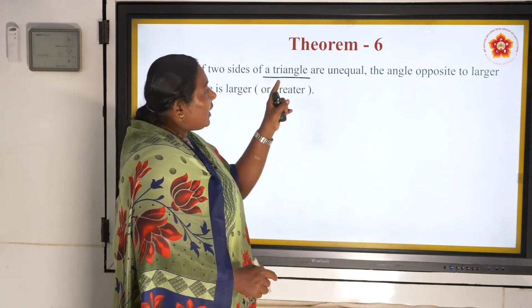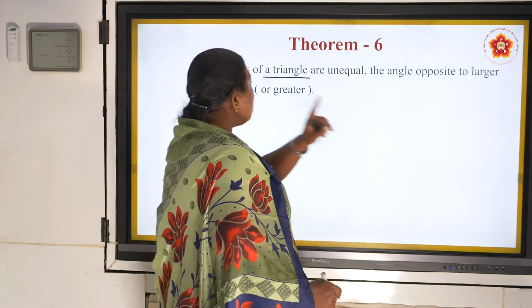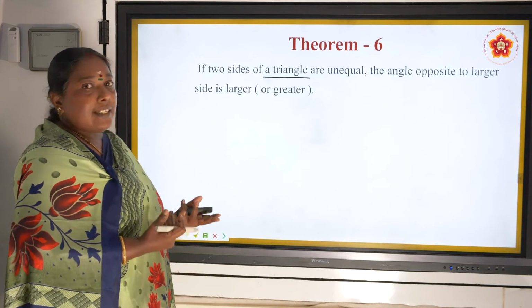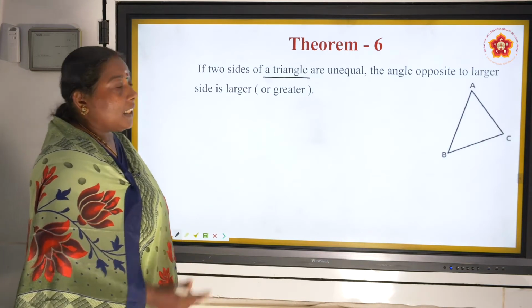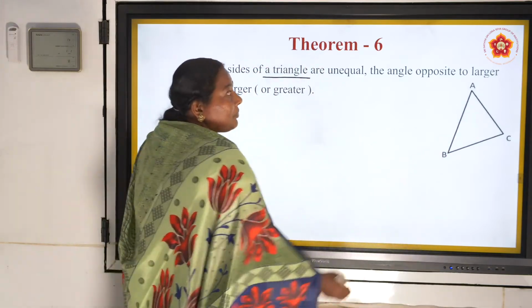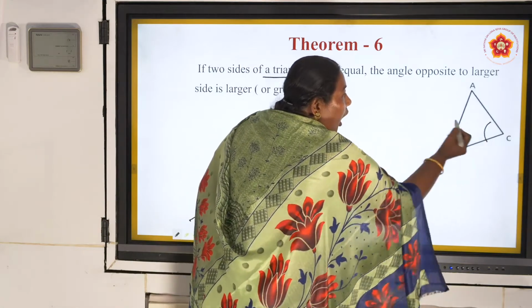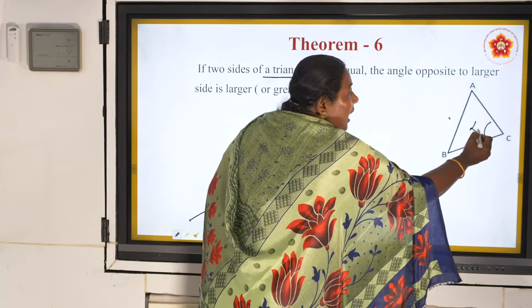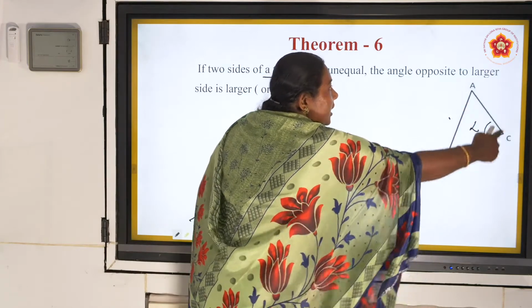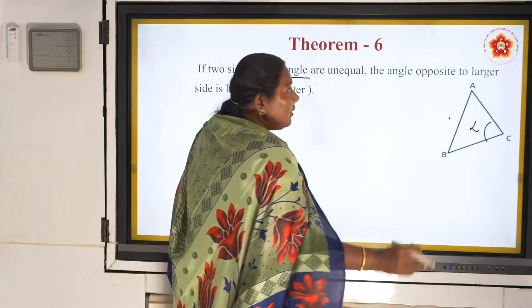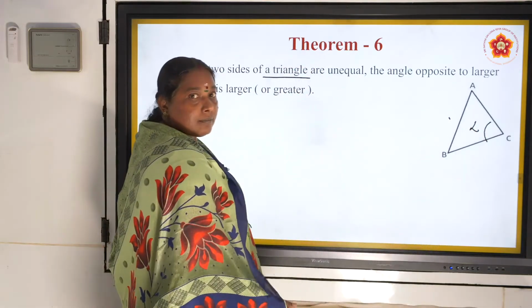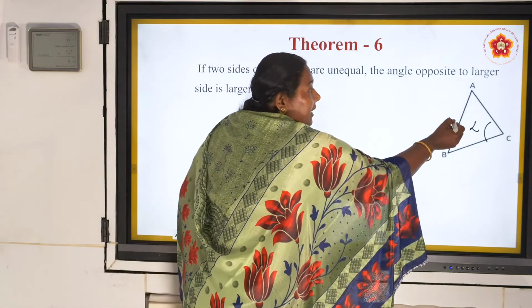If two sides of a triangle are unequal, the angle opposite to the larger side is larger. Now you understand? That means AB is the larger side.